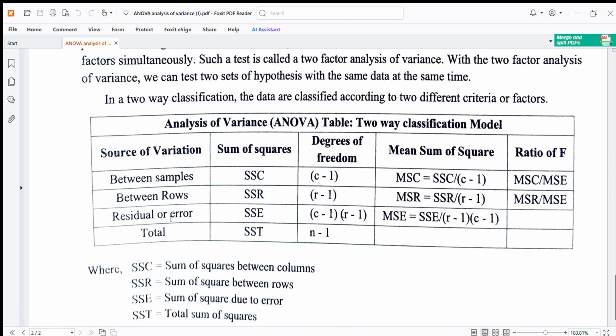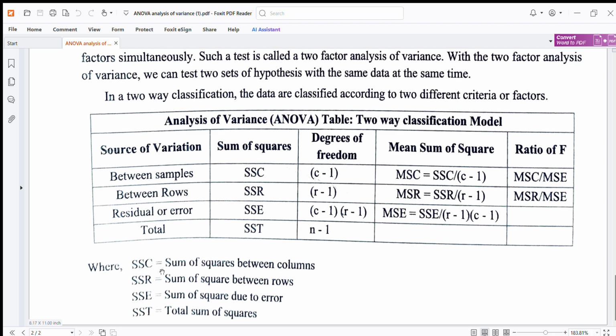Residual or error: sum of squares SSE, degrees of freedom C minus 1 multiplied by R minus 1, mean sum of squares MSE equals SSE upon C minus 1 times R minus 1. Total: SST, degrees of freedom N minus 1.